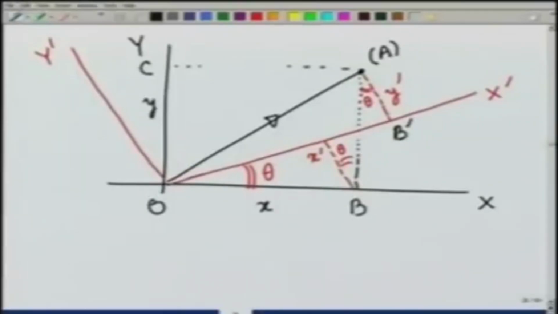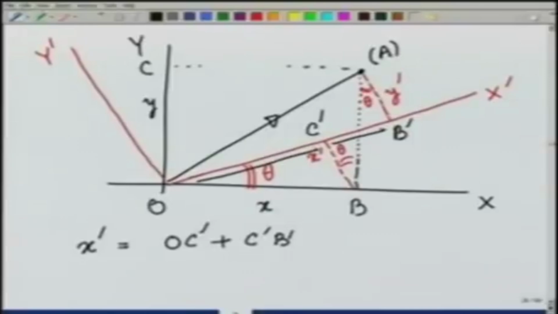Let this point be C prime. So, we see that x prime component is going to be equal to OC prime plus C prime B prime, that is this plus this. And let me also call this point where it intersects as D.